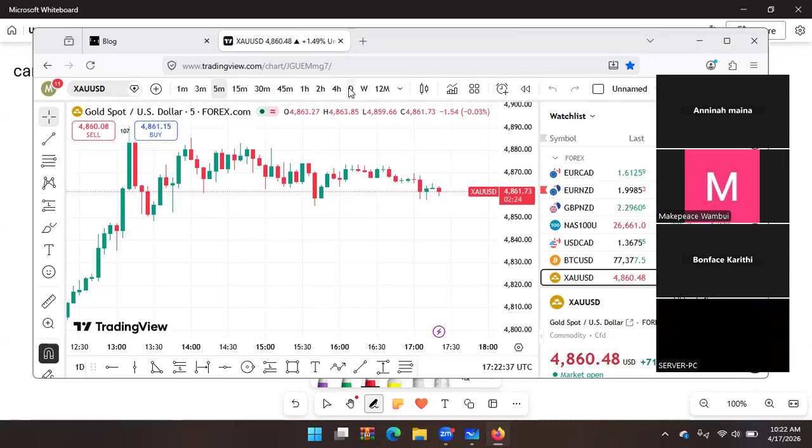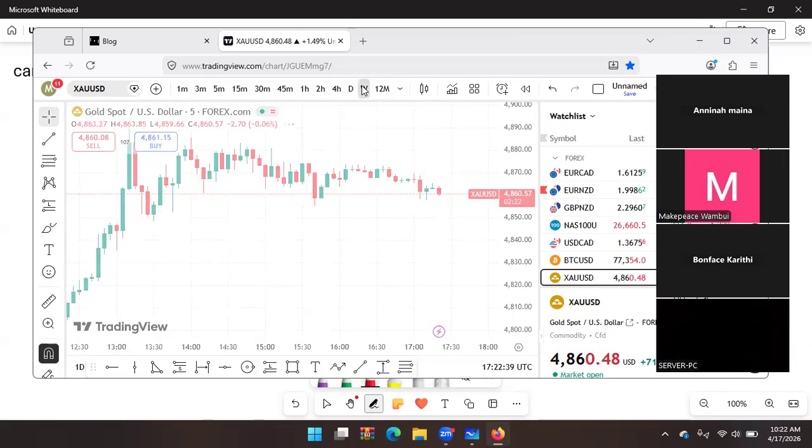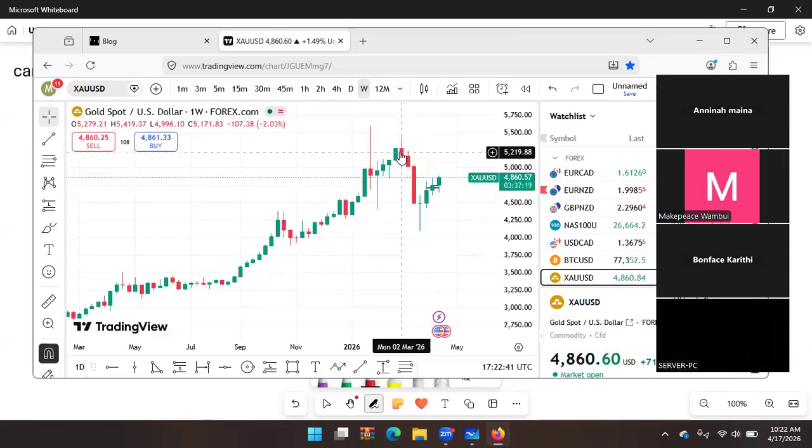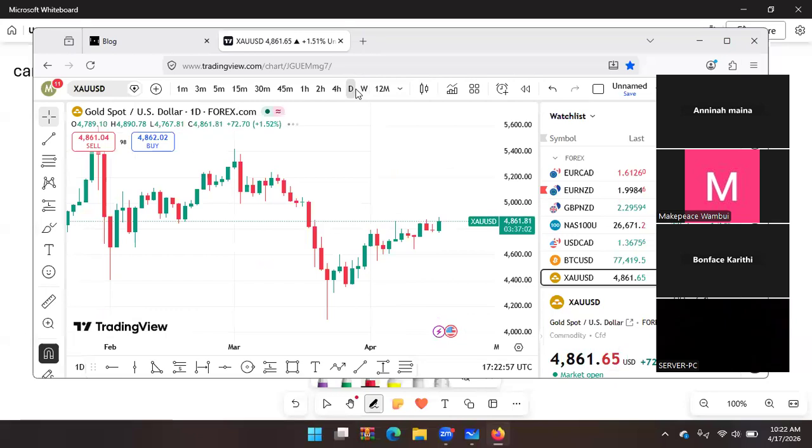For example, when you go to weekly, this is how this market has been behaving for one week. This is on a weekly. And now when you go to a daily, this is how this market has been moving today. The market has been very bullish.